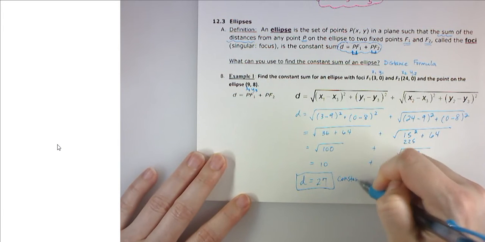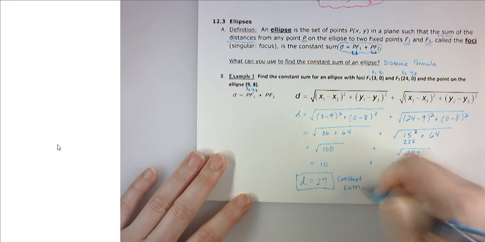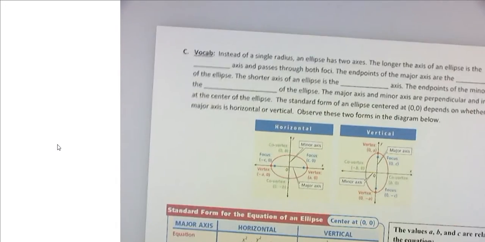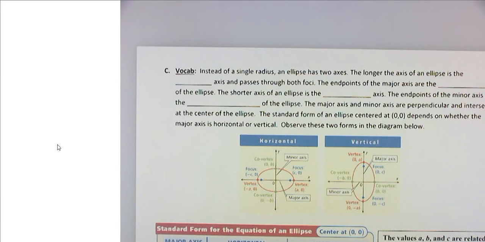All right, and now we're going to learn a little bit more about the parts of the ellipse, and then we will learn how to graph them. So with this, I am going to do the parts. Okay, so instead of a single radius, an ellipse has two different axes.